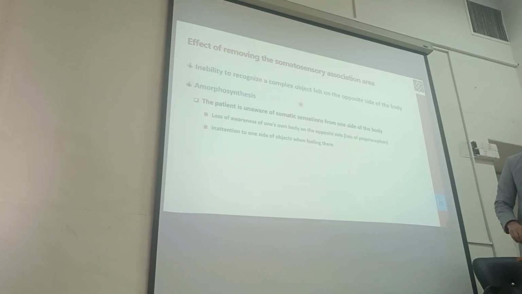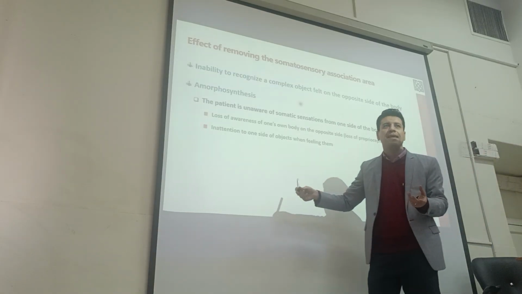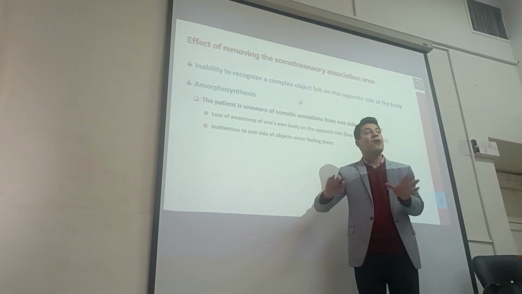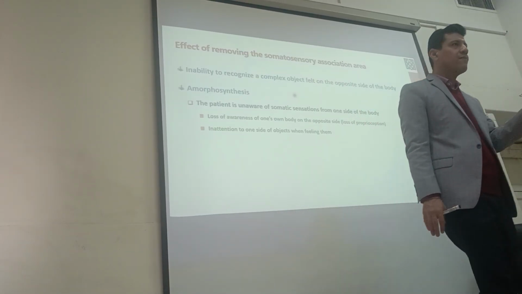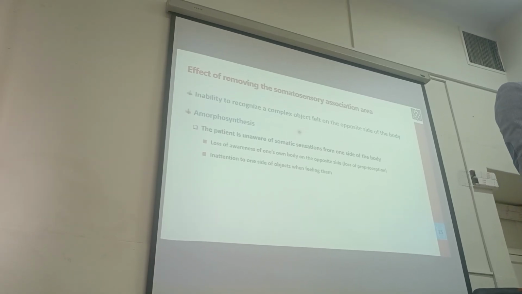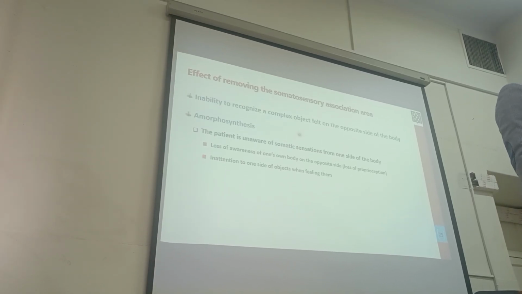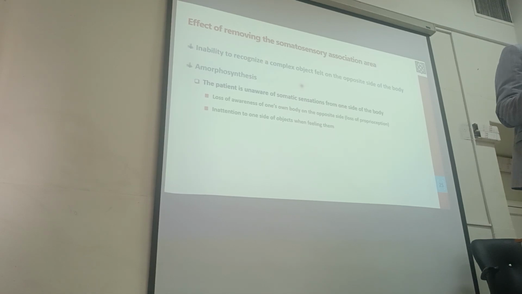Right? So again, the patient shows astereognosis, inability to understand the shape of the object. But at the same time, the patient has other problems also. Remember that some of the information processed in the somatosensory association area is related to position sensation, right? Some of it is related to touch, others are related to position, so they are different actually.